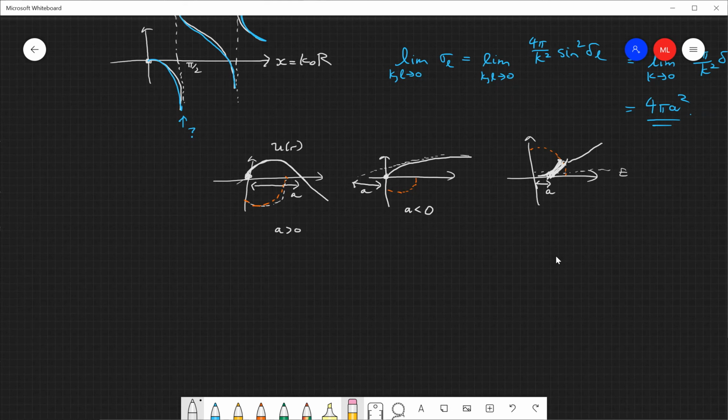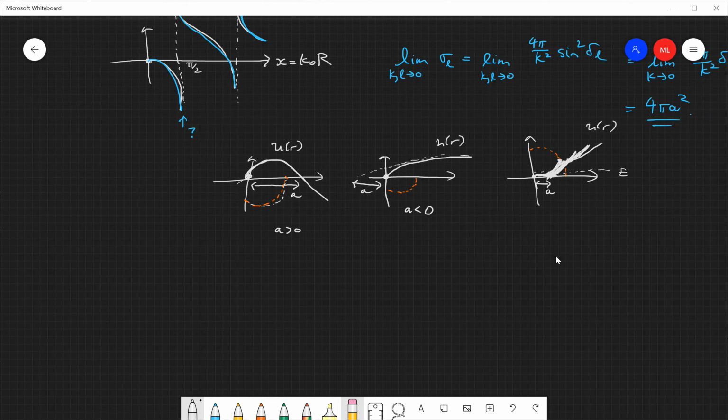And otherwise, if you have a barrier, then the scattering length tells you something about the distance into the barrier you have to go before you actually start picking up some non-zero contributions to the radial wave function.